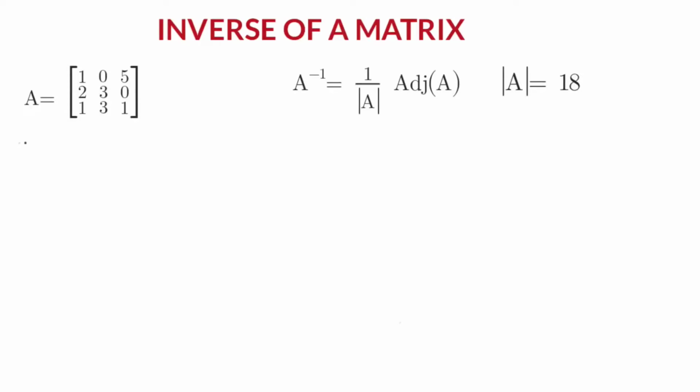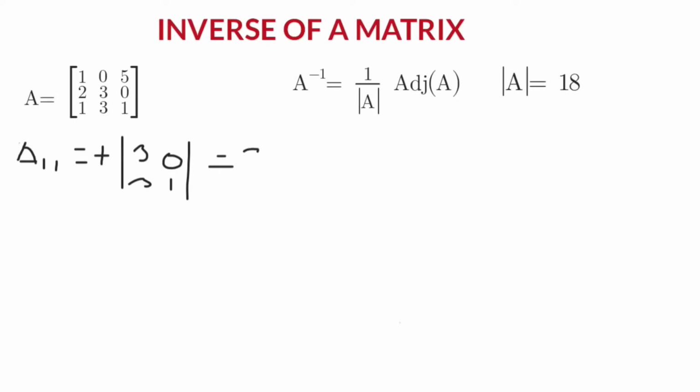Now the cofactor of A11 is denoted by capital A11, and it is positive, the determinant of 3 0 and 3 1. After cancelling the first row and first column, we get the cofactor of this first element.